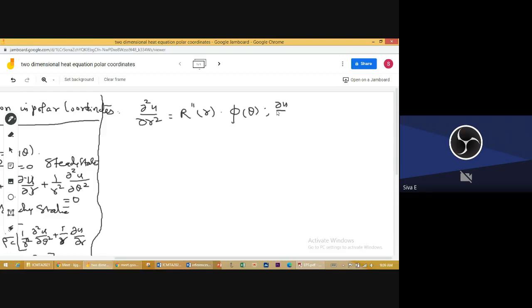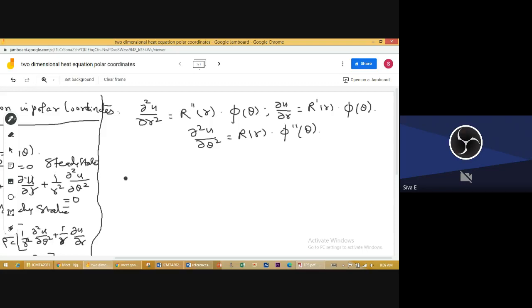Dou u by dou r equal to R dash of r into pi of theta. Dou square u by dou theta square equal to R of r into pi double dash of theta. Okay.